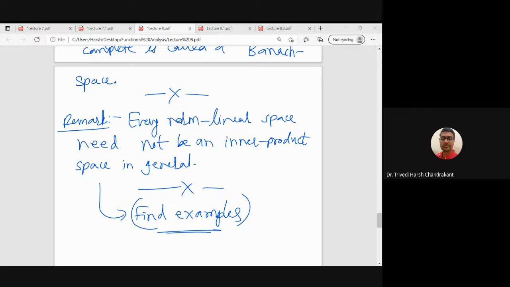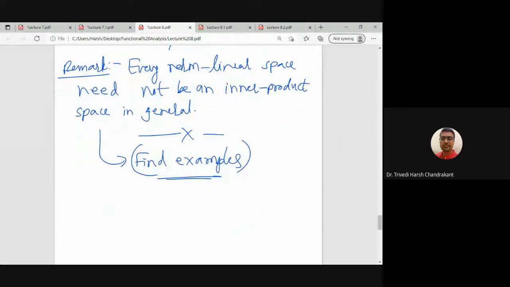So that is regarding a right angle triangle. Basically, we can consider that in terms of vectors. So we recall the Pythagoras theorem for inner product spaces.